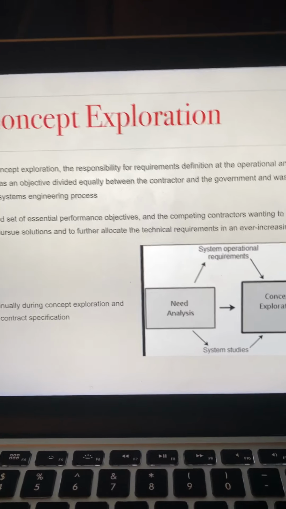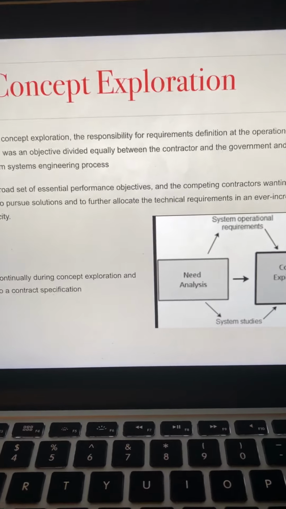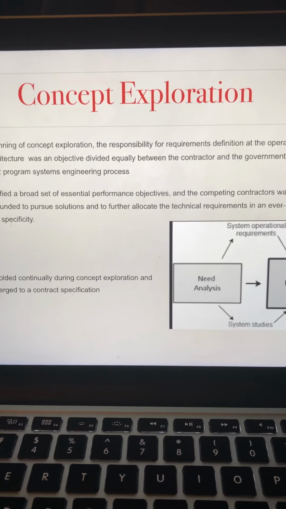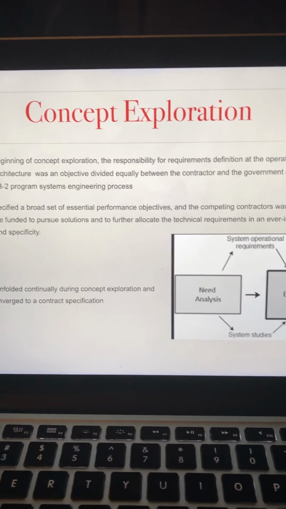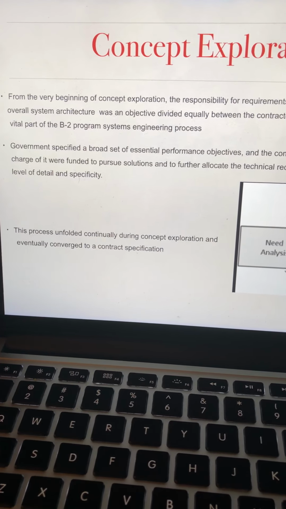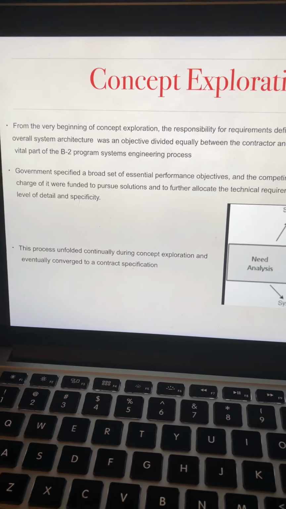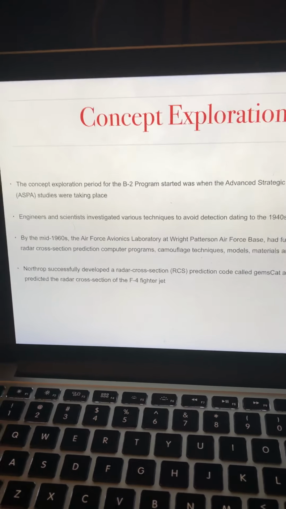As more research and work happened, the overall system became more complex. It was a very complex aircraft design, so this process unfolded continually during concept exploration and eventually converged to a certain specification.